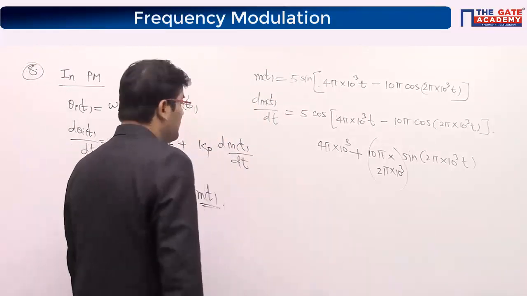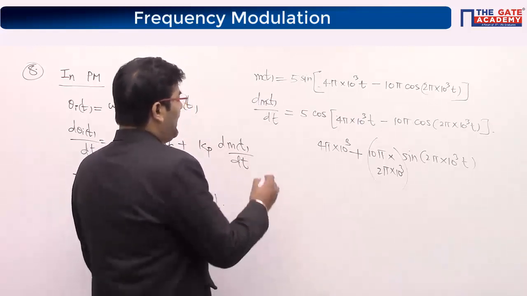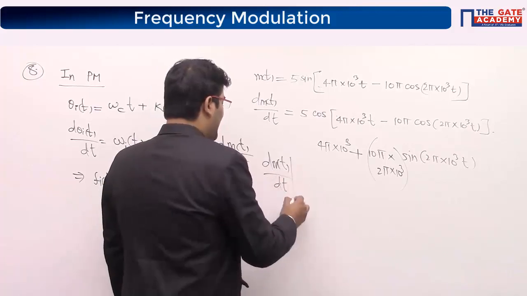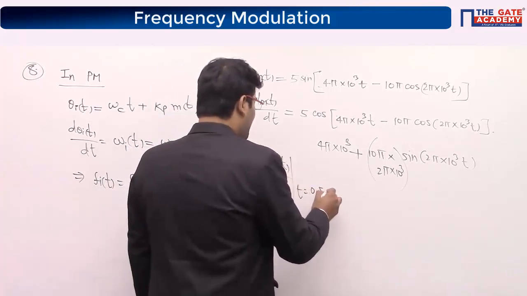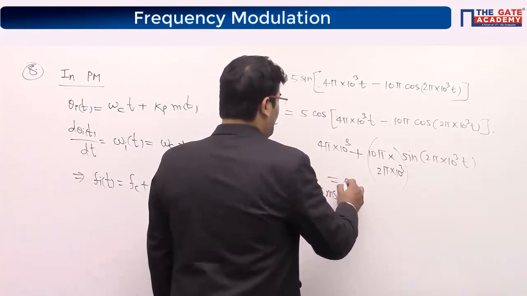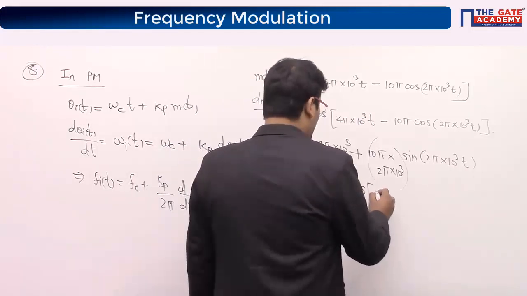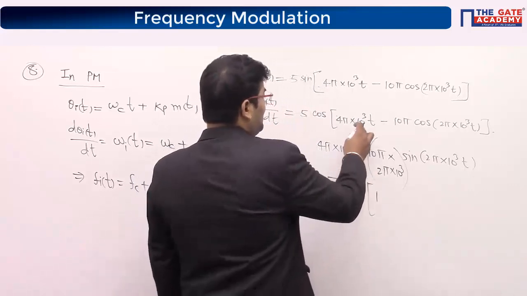Now coming back, we know that dm(t)/dt at t equal to 0.5 millisecond would be equal to 5 cos. So anyway, millisecond means this will cancel.